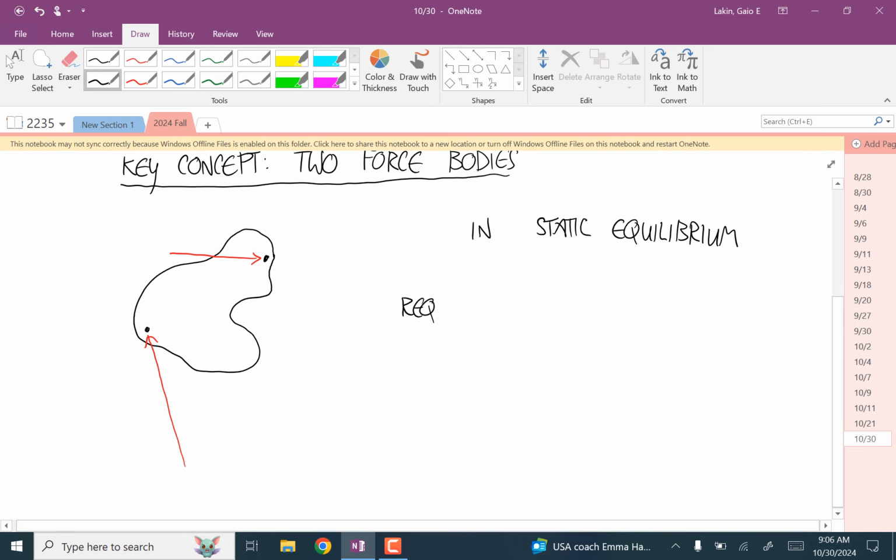So first of all, the requirement that the center of mass doesn't accelerate: well, if we're going to get the center of mass not to accelerate, those two forces have to cancel each other out. So the forces have to be equal and opposite.